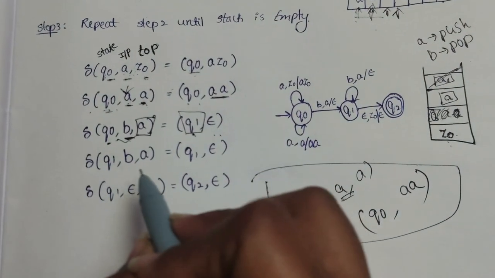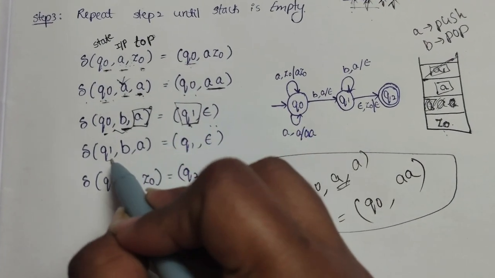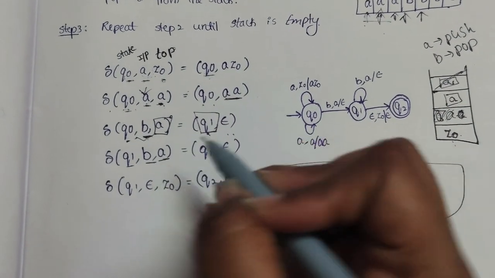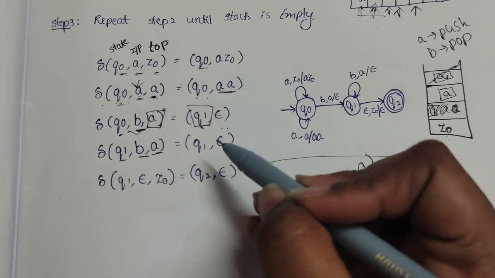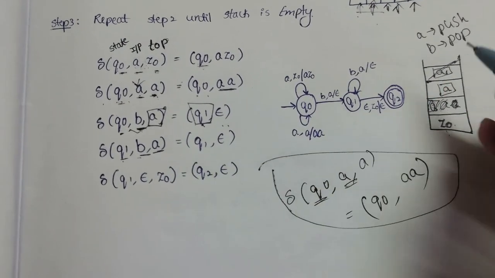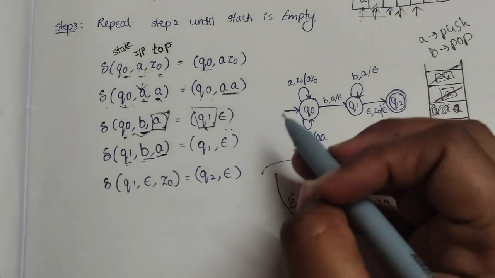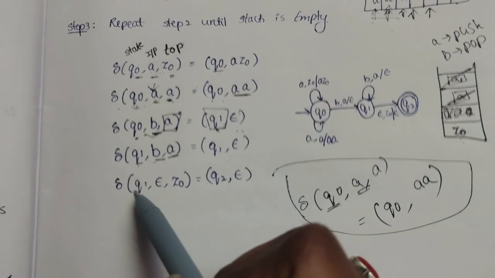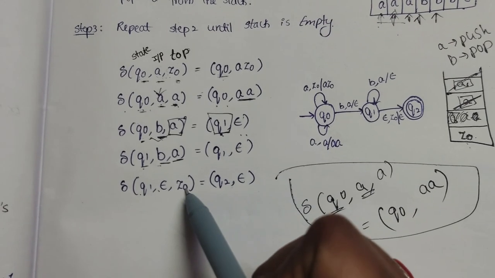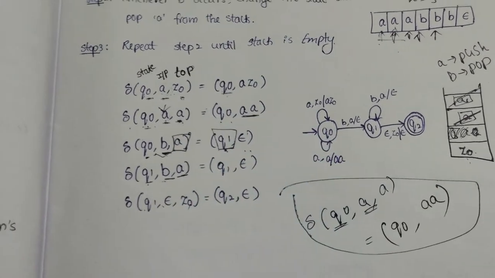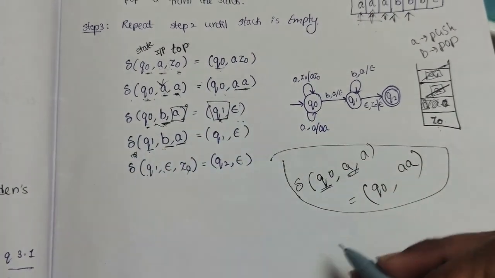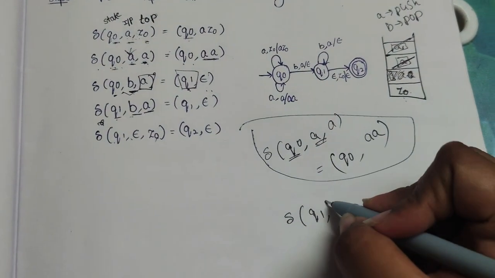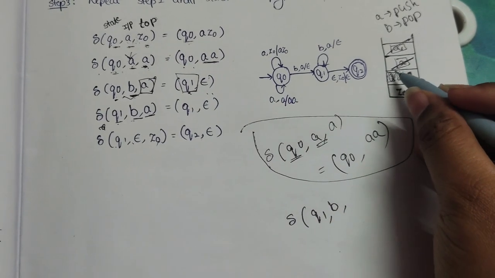We popped that A. Next, Q1, comma, B is the next input alphabet, and the top of the stack is A again. What are we going to do? Q1, comma, epsilon, because we are going to pop this again. Write epsilon when we are popping anything. Next, Q1, comma, another B. Input B, comma, what is the top of the stack?